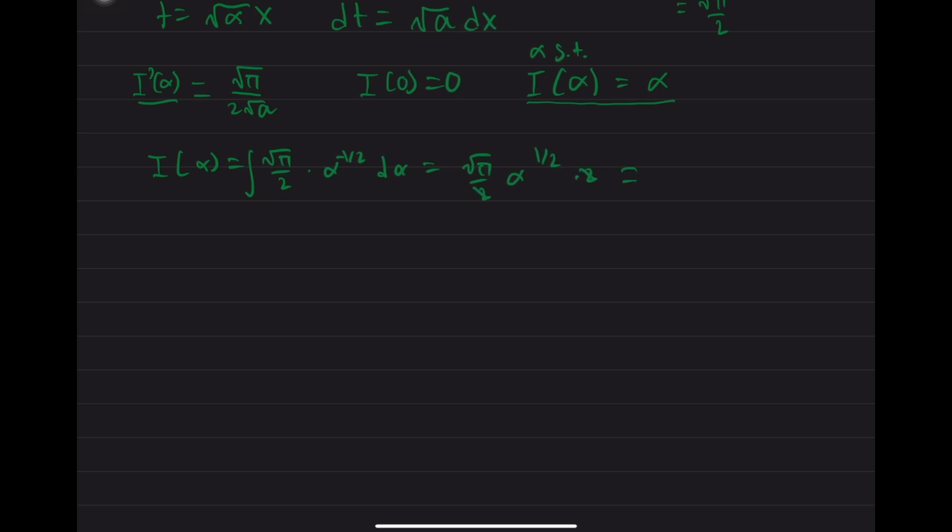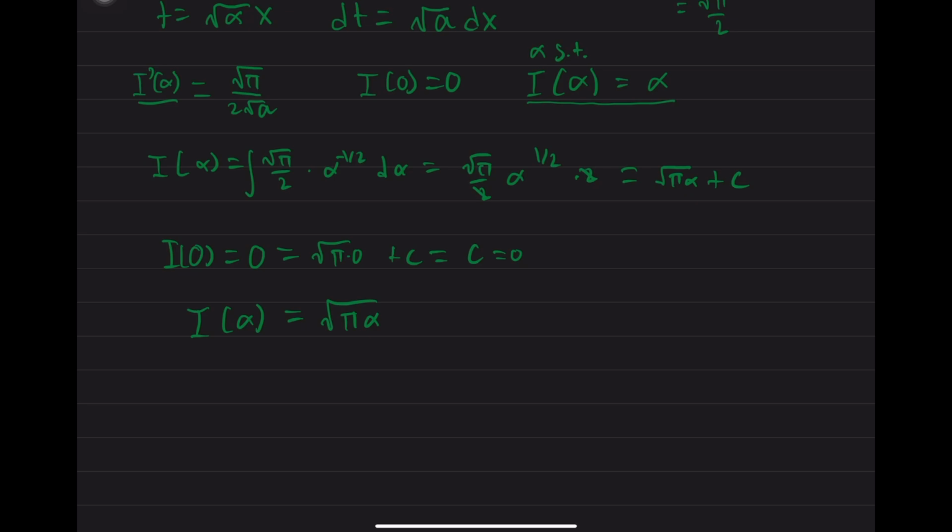The 2's cancel out, so we get the square root of pi times alpha plus c. Now we need to know what our c is. So we have I of 0 is equal to 0 is equal to the square root of pi times 0 plus c. This is just c, so we now know that c is equal to 0. So now we know that I of alpha is equal to the square root of pi alpha.